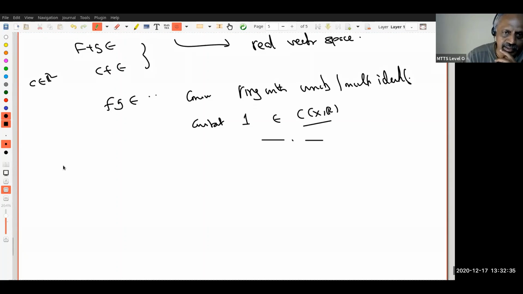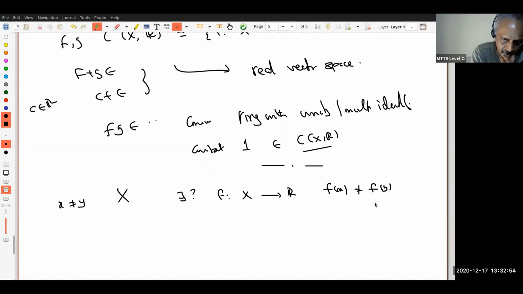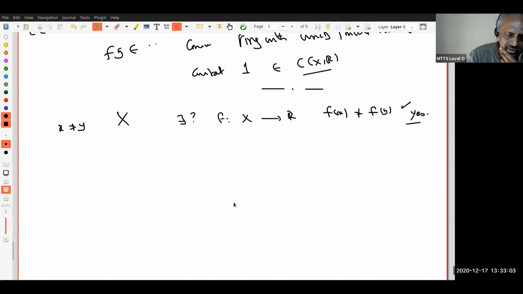Now I want to go back to the earlier thing. Do you remember in the last lecture, I started with the question: you give me two distinct elements x and y. I wanted to know whether there is a continuous function f from X to R so that f takes distinct values at x and y. We answered this also. Now the question I want to ask is slightly different.